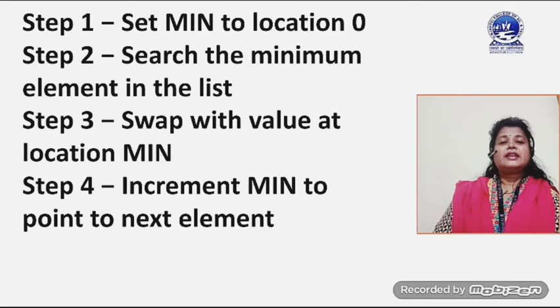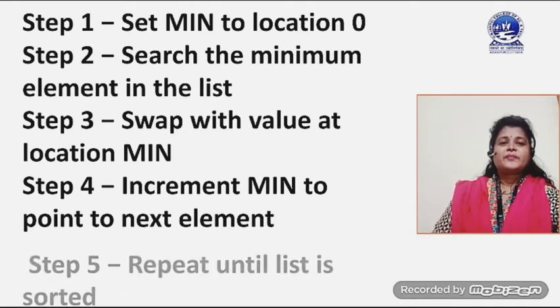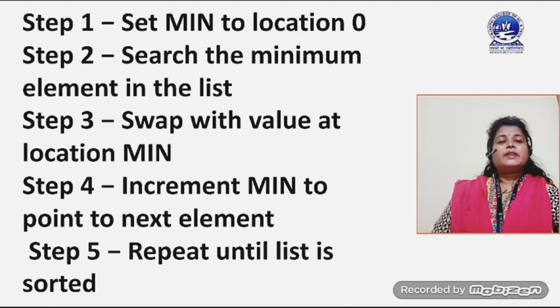Whenever we have completed finding the smallest element and placed it at the leftmost location, we go to the second location. Then repeat all the steps until the list is sorted. This is the pseudocode, the approach by which selection sort works.